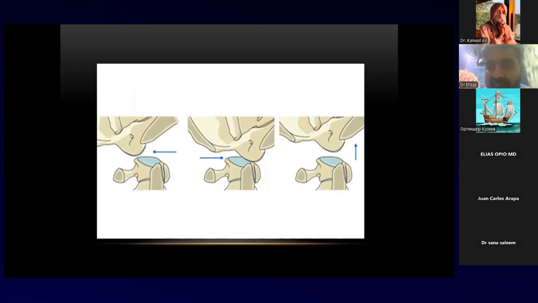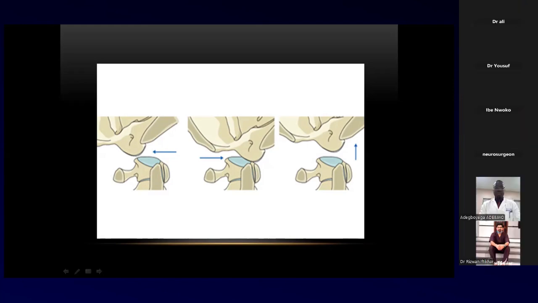Anyone who can name this classification? What is the name of the classification of Atlanto-occipital dislocation? Anyone who can name? Megrel. Who said that the name of the classification is Megrel?